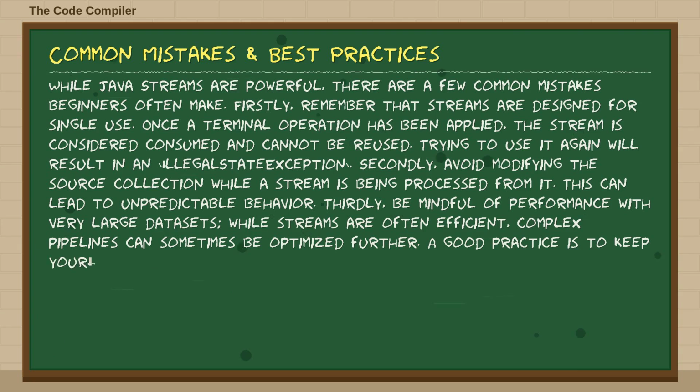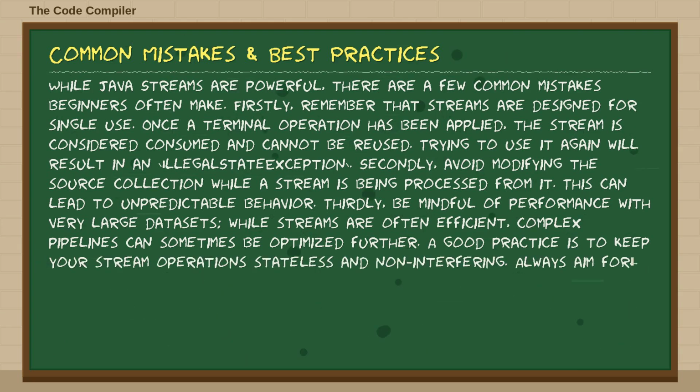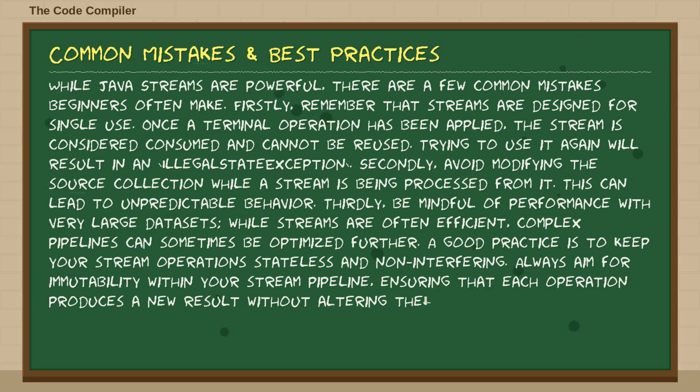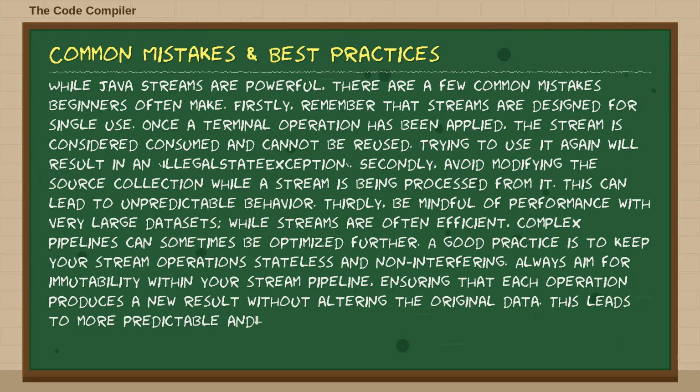A good practice is to keep your stream operations stateless and non-interfering. Always aim for immutability within your stream pipeline, ensuring that each operation produces a new result without altering the original data. This leads to more predictable and robust code.